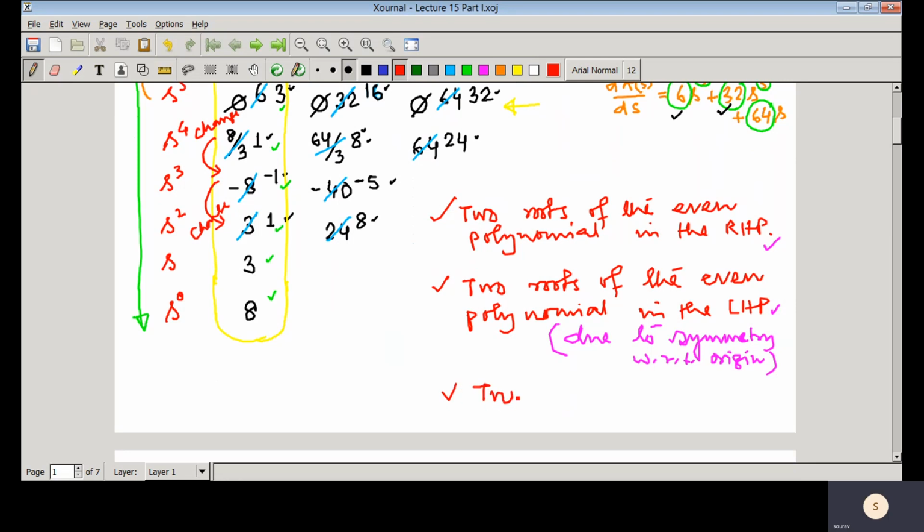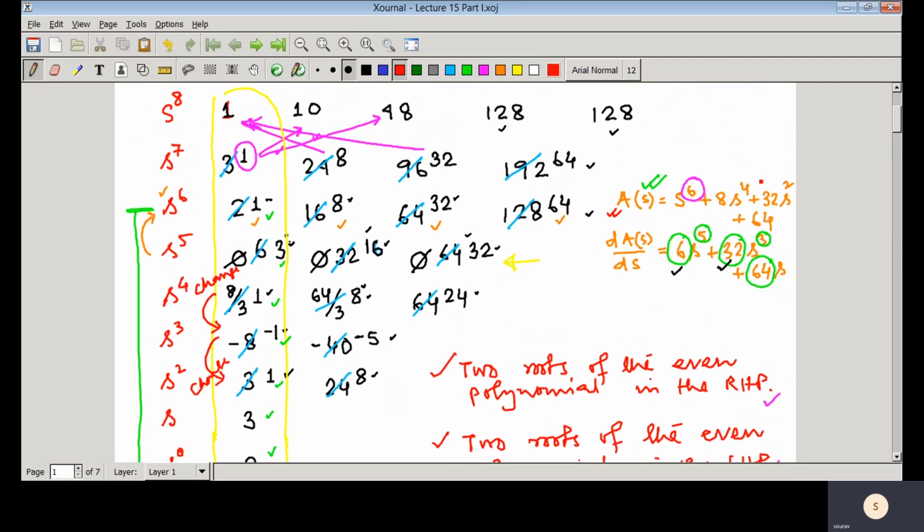So 2 roots on the imaginary axis. So this particular analysis is only on the even polynomial. That means from this particular point to bottom.